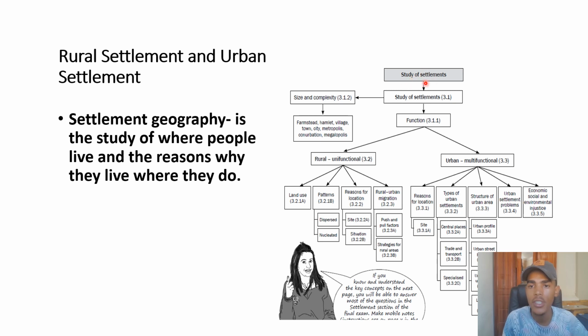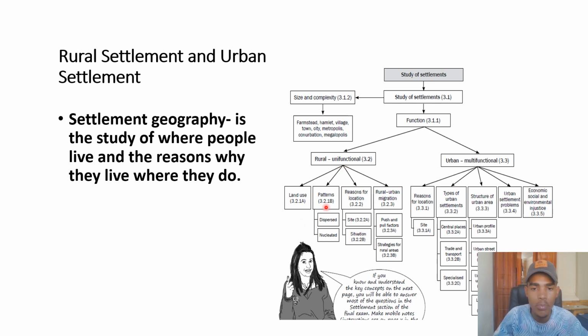So this flowchart is simply summarizing the things that we're gonna be talking about in settlement geography. But for this video, we're only gonna discuss the study of the settlement, size and complexity, then the function of the settlement, whereby we will only be talking about the rural settlement, which is unifunctional, meaning it only has one function, maybe based on primary activities.